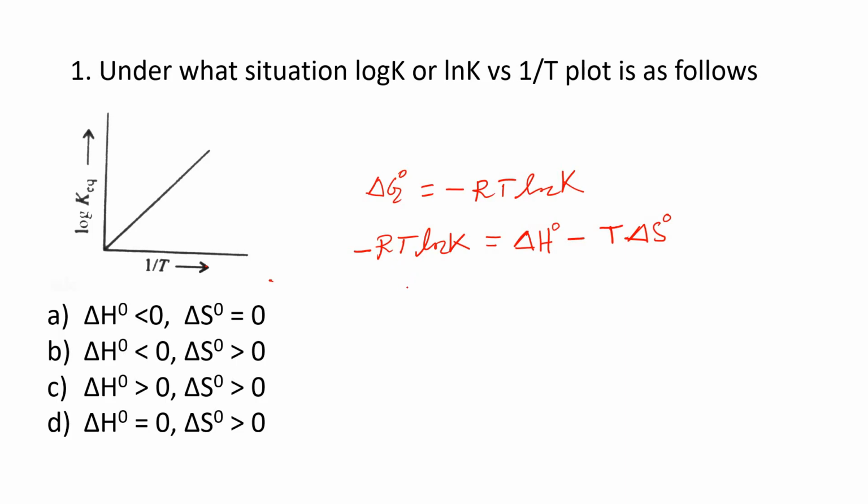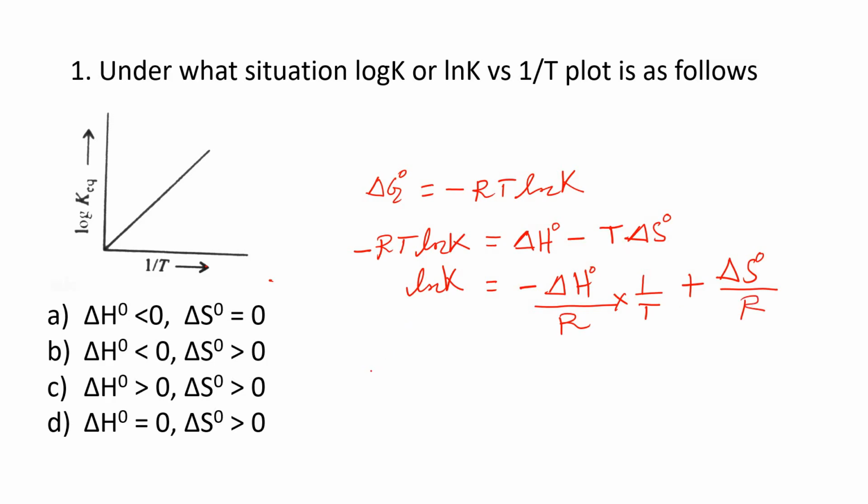So we can write ln K is equal to minus delta H naught divided by R into 1 by T, plus delta S naught by R, since T gets cancelled.